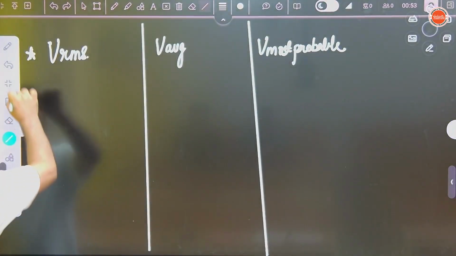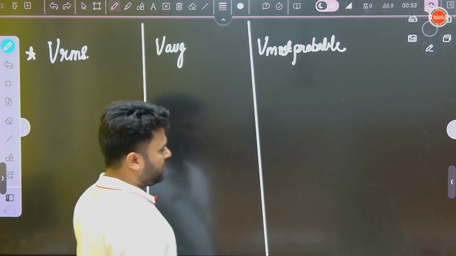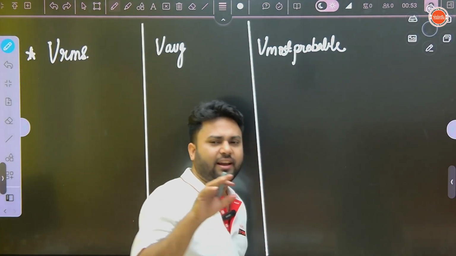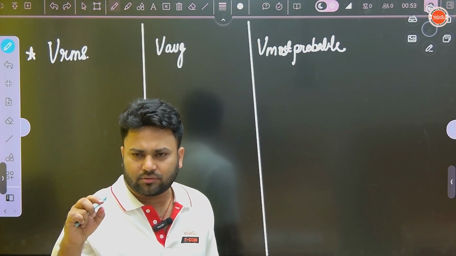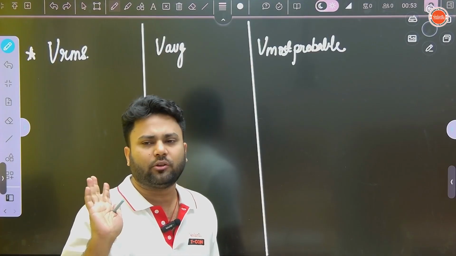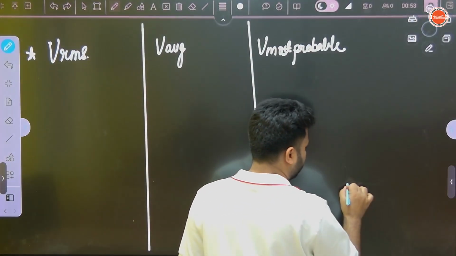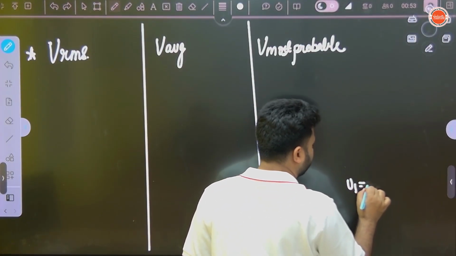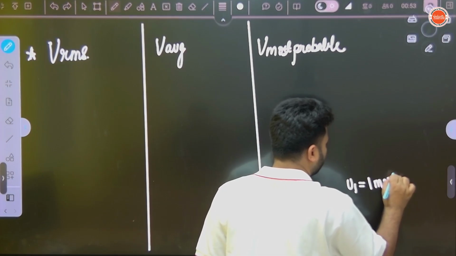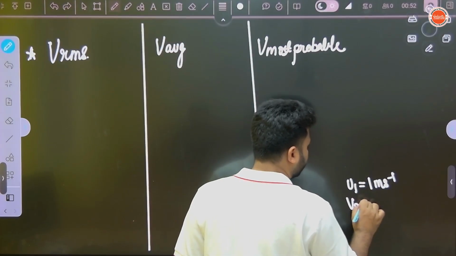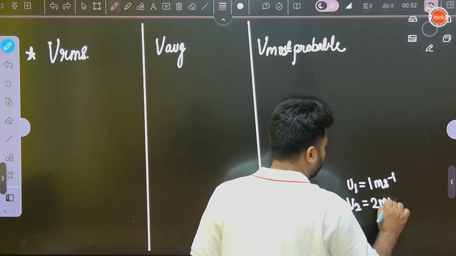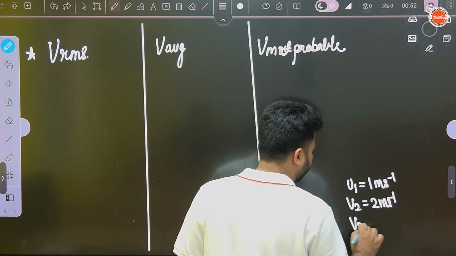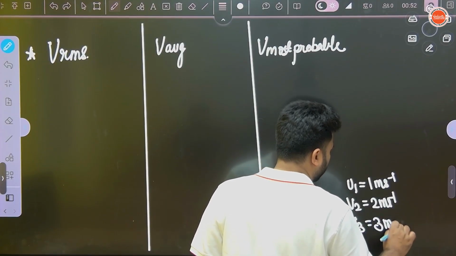For example, suppose there are three molecules. The speed of molecule 1 is 1 meter per second, the speed of molecule 2 is 2 meter per second, and the speed of molecule 3 is 3 meter per second.